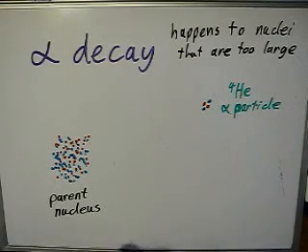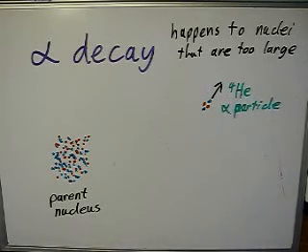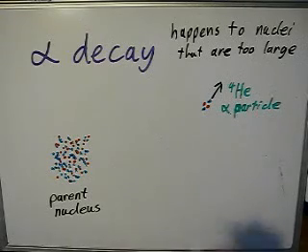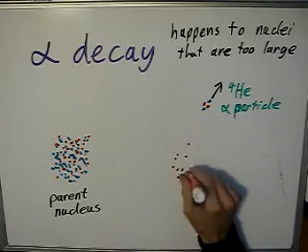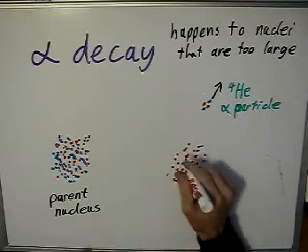It goes speeding away pretty fast because it's positively charged and the rest of the nucleus is positively charged. What you're left behind with is all the rest of the protons and neutrons that you started with.